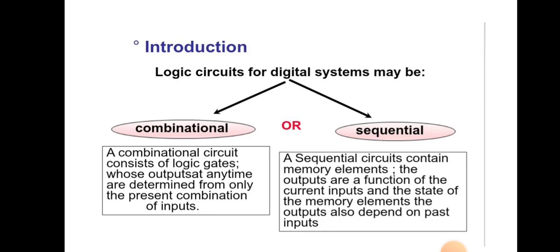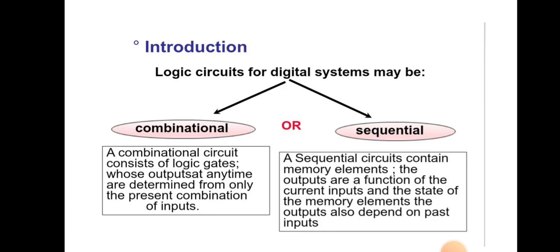When the second stage operates, it uses the stored data in the memory element for the next operation. Like this, stages are implemented sequentially one by one, and it gives the final output. So these are the two basic types of circuits.